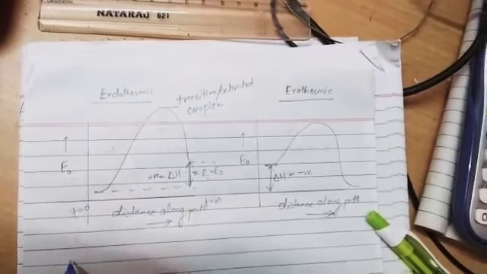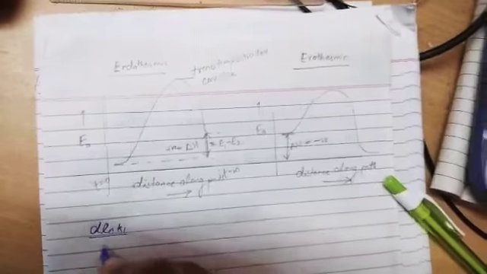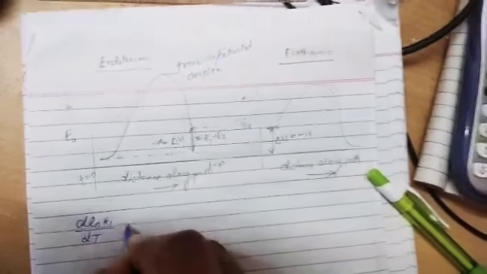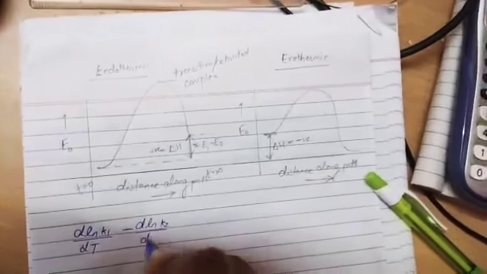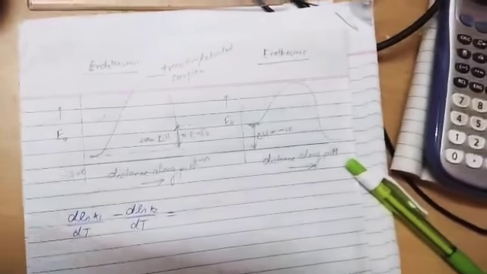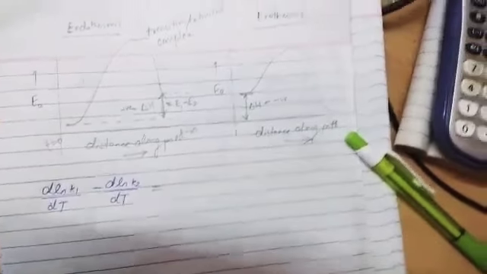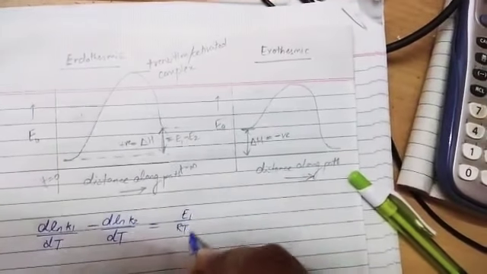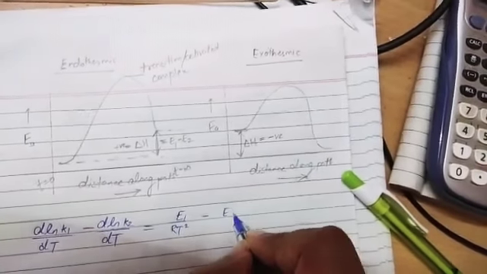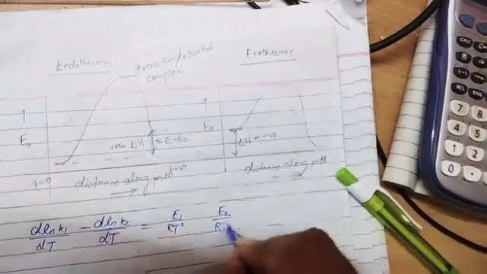So let's write our equation. We had d ln k1 upon dT minus d ln k2 upon dT. Now in place of delta H upon RT square, we will write E1 upon RT square minus E2 upon RT square.